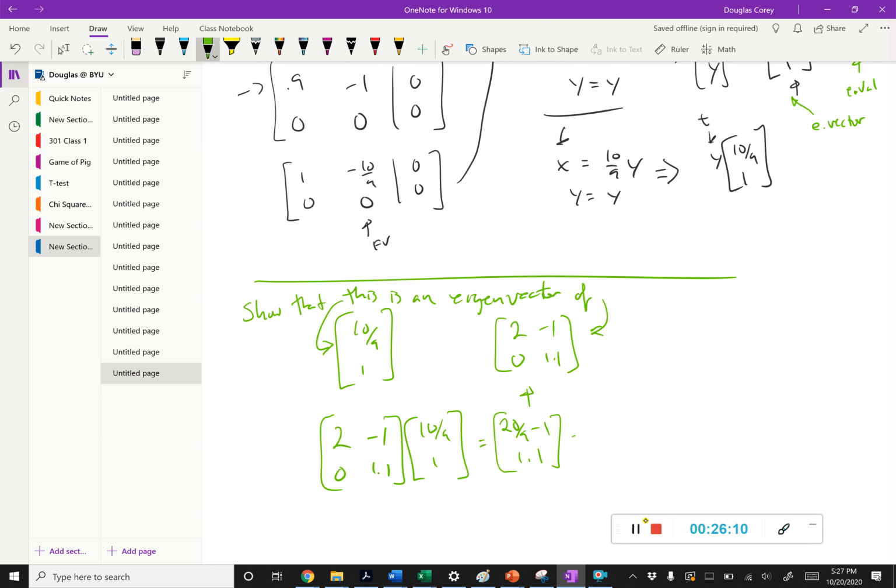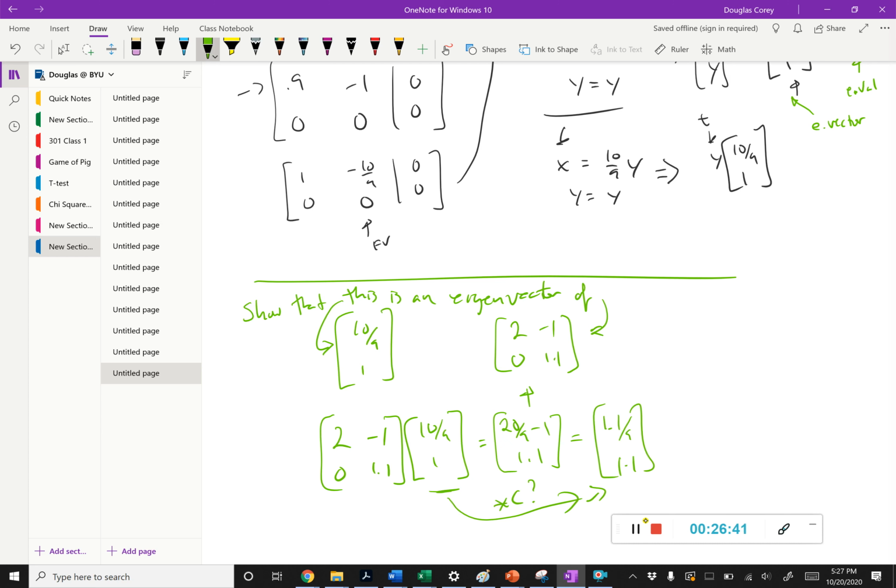Let's simplify that. 20/9 minus 1, we should do 20/9 minus 9/9, and that gives us 11/9, and 1.1. Well, is this vector the same as multiplying the original vector by a constant?